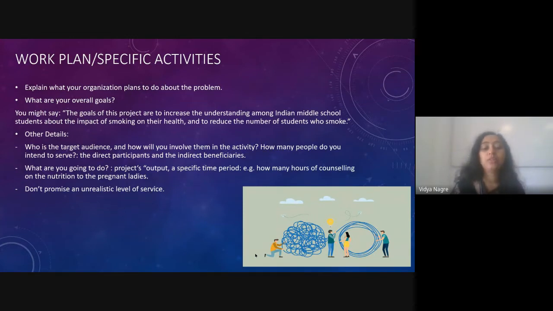Project outputs in a specific time period. For example, how many hours of counseling on nutrition to pregnant ladies will you be devoting? Because many ladies in India, especially because India is a hub of children born with malnutrition, whether their parents are rich or not, that's a very different debate, okay?